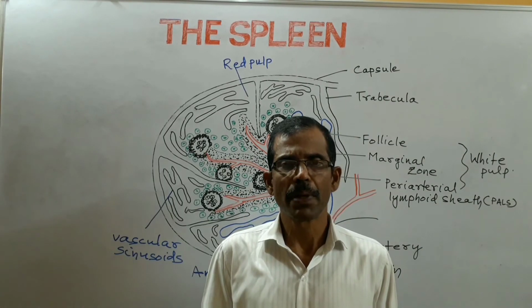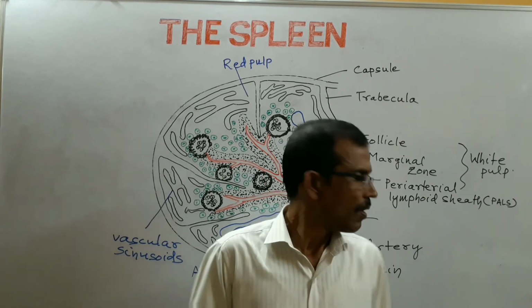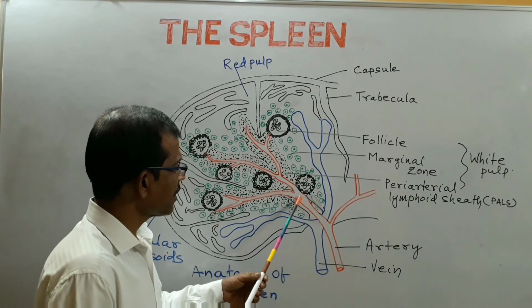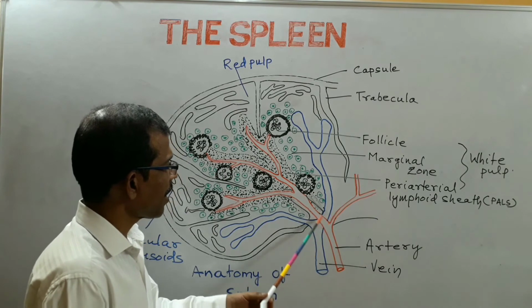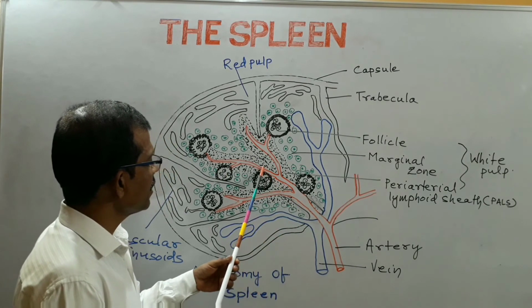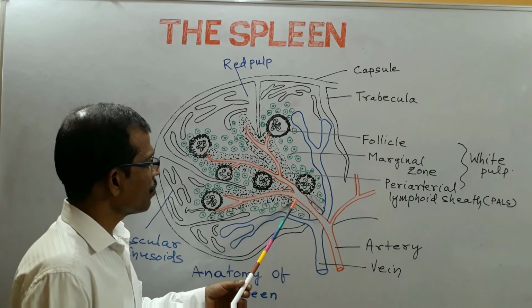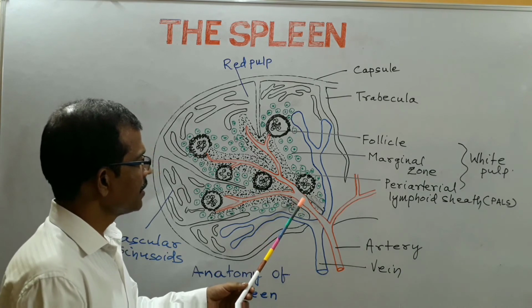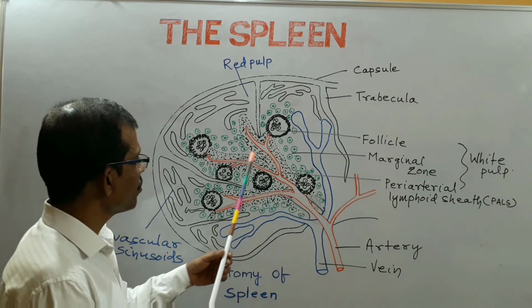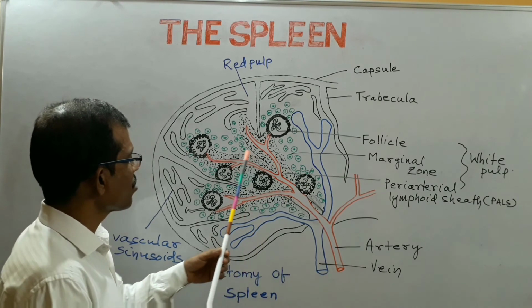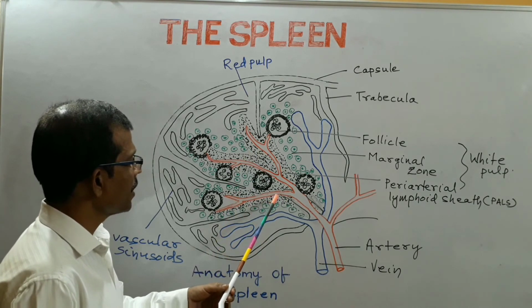Blood from the splenic artery enters the spleen through the hilum. From there, the splenic artery divides and forms many branches which enter the parenchyma following the course of the trabeculae. These artery branches throughout the parenchyma and gradually decrease in diameter.